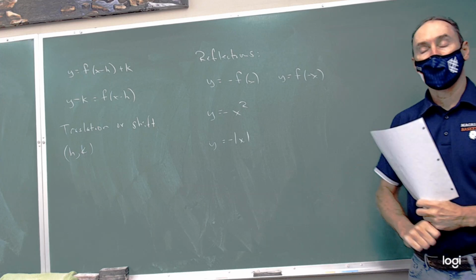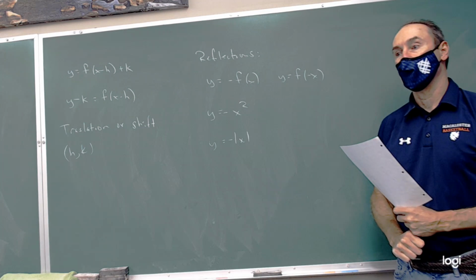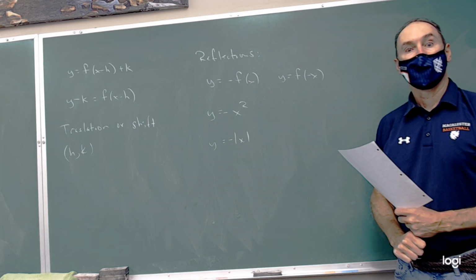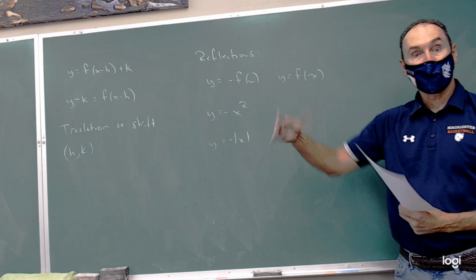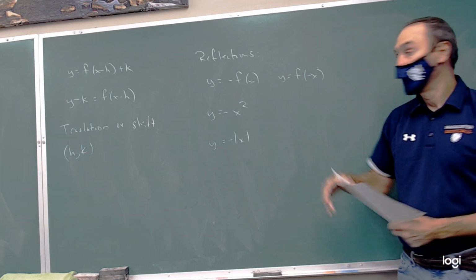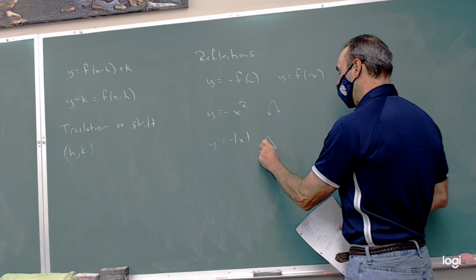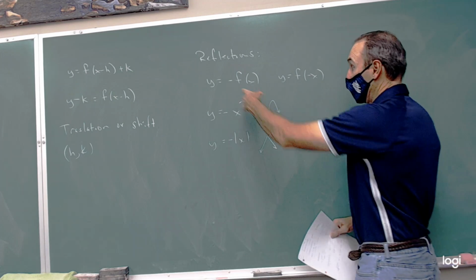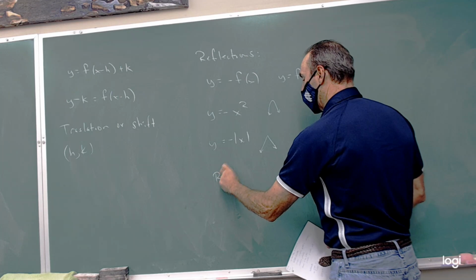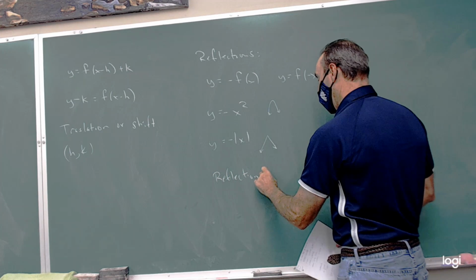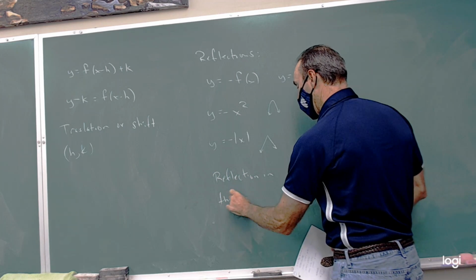What is the negative there going to do? Show me with your fingers in the air. Yeah, good. So it's going to reflect in the x-axis. And so the parabola would then open down. The absolute value would be a v going down. So that is going to be, we say, reflection in the x-axis.